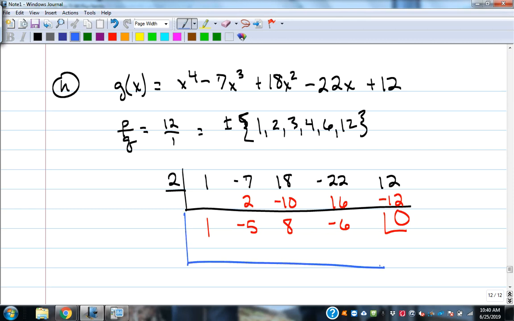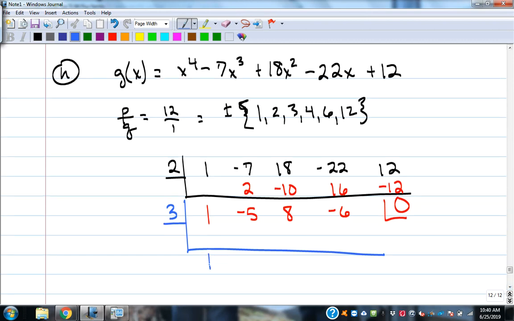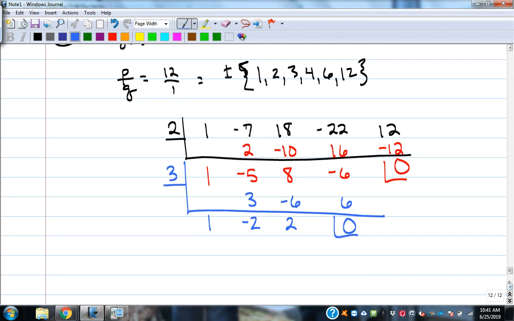So I'm just going to box in around it like that and use the 3. Use the 3 there. And then, so drop the 1 down and go to work. Negative 2, 6, 2, and there's 6. And there's that 0 in the remainder again. So I found that 2 and 3 are zeros to this thing.